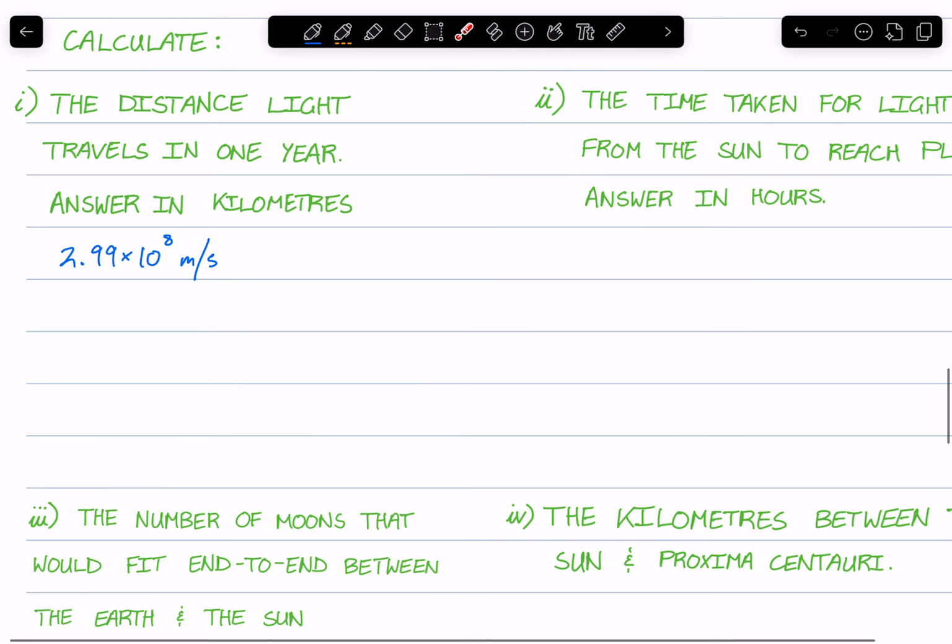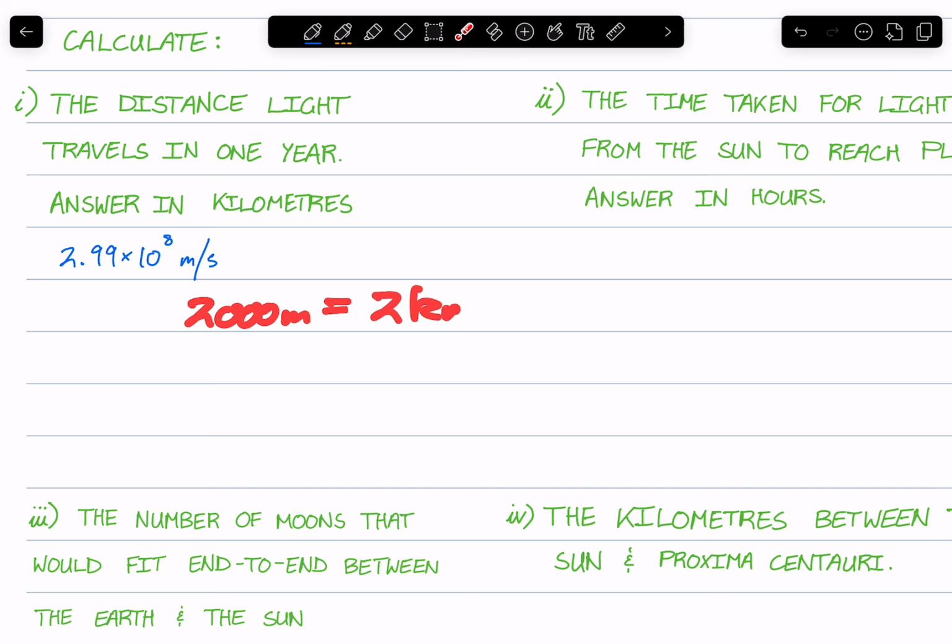Now consider, like for smaller numbers, when we convert meters into kilometers, it's actually a very simple conversion. If we say we have 2,000 meters, that becomes 2 kilometers. The conversion was a simple divide by 1,000. So if we want to convert this meters per second into kilometers per second, we just divide by 1,000.